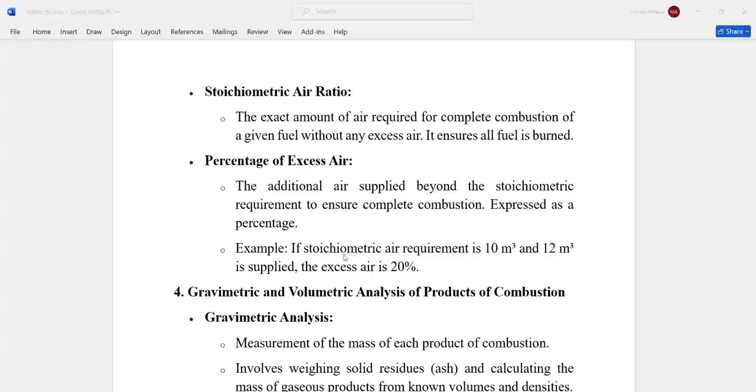For example, if stoichiometric air requirement is 10 cubic meters by volume, and then you supplied 12 cubic meters, then the excess would be 2 cubic meters. So the 2 cubic meters, you divide it by the stoichiometric air, that is the 10, you multiply by 100, and that's why you have 20% as excess air in the byproducts of combustion.